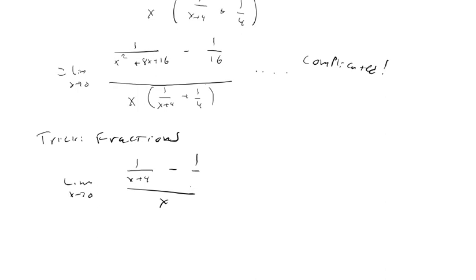We can't factor anything, right? When dealing with fractions, what you want is to combine fractions together as soon as you can. Combine fractions as soon as possible. And you have to use common denominators.